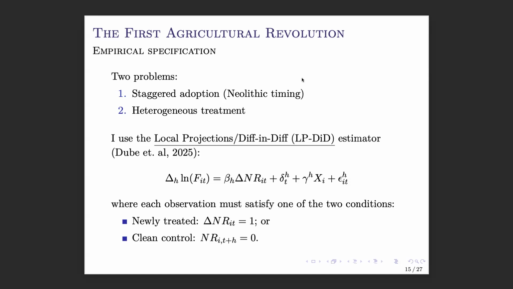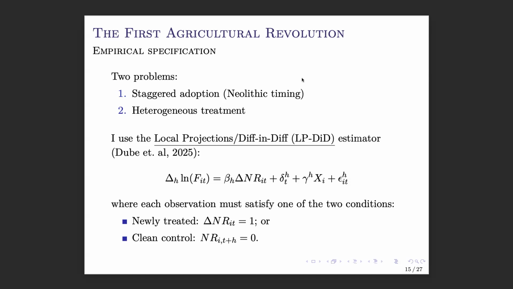And then the diff-in-diff part is coming from this clean controls condition. So I'm not just estimating this equation, but I'm restricting the sample such that each observation needs to satisfy one of two conditions. Either it is a newly treated location, treated meaning undergone the Neolithic transition, or it's a clean control.